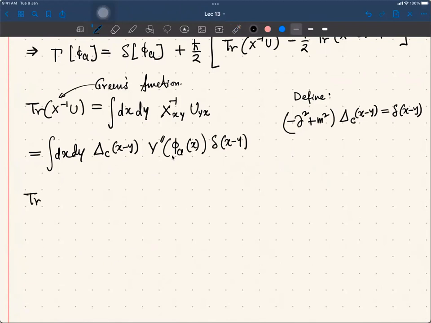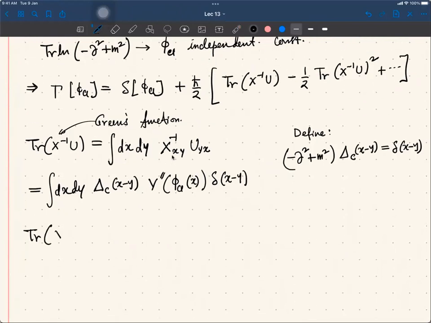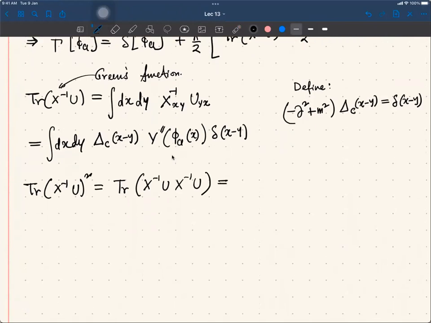And then trace of (X inverse U) squared means trace of X inverse U X inverse U, which means X inverse(x,y) U(y,z) X inverse(z,u) U(u,x), and then you have to integrate over all of them.